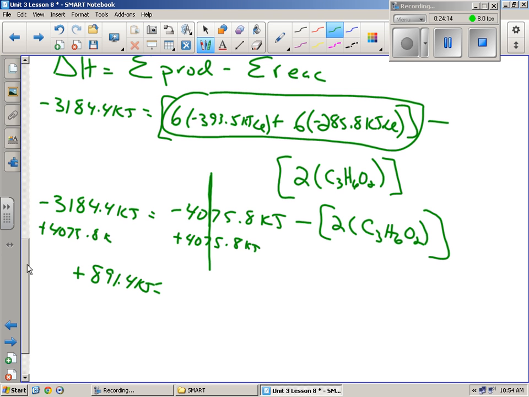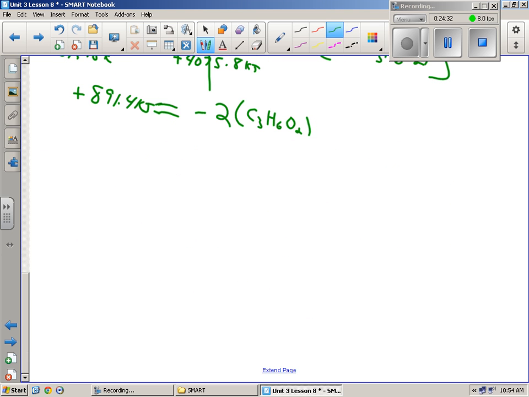Okay, and that is equal to, of course, on this side, what do I have left? A negative 2 C3H6O2, like so. How do I get C3H6O2 by itself? I divide both sides by a negative 2. So divide by negative 2 moles here, basically, right?